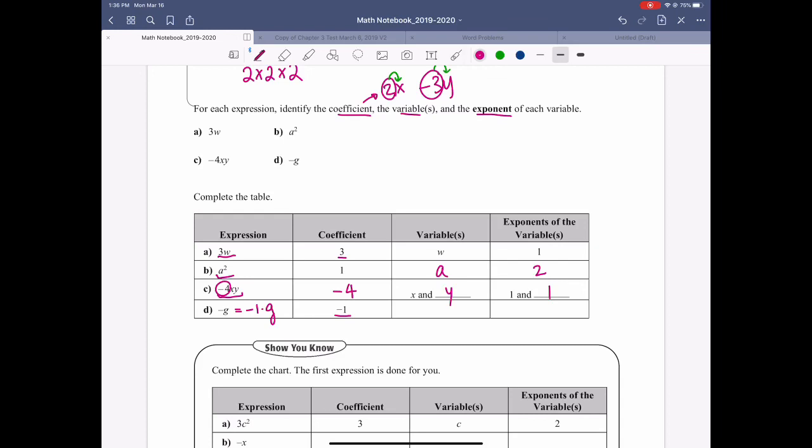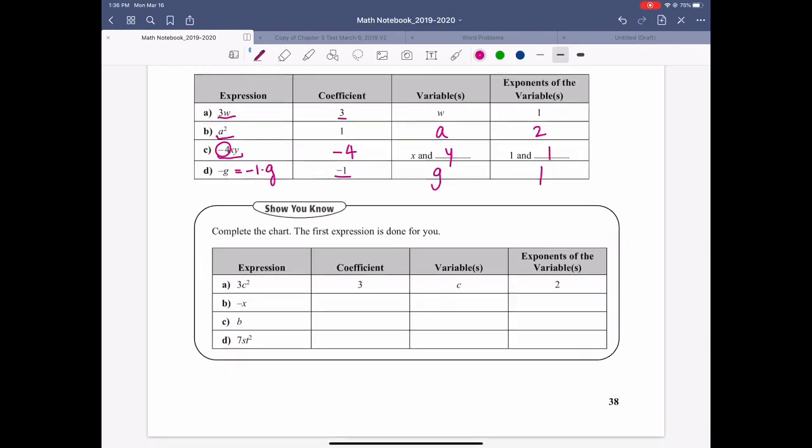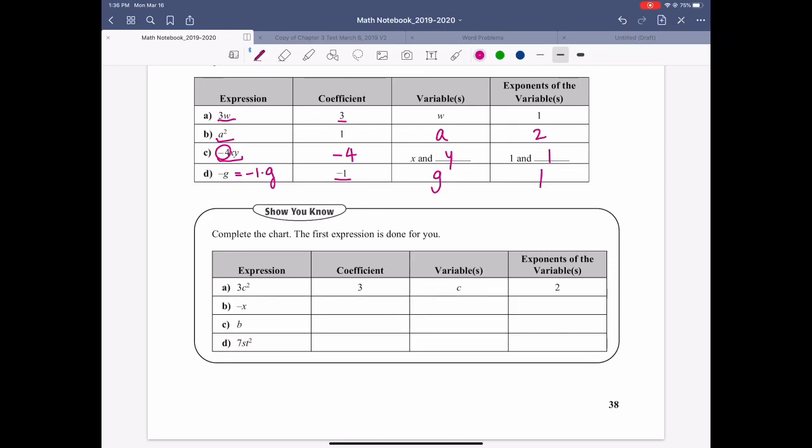All right, so the variable for the last case would be g. And the exponent on the variable, since there's nothing here, it's hidden, so it's 1. Okay? All right, so I want you to do this chart here, but I want you to pause right now. Do it by yourself.